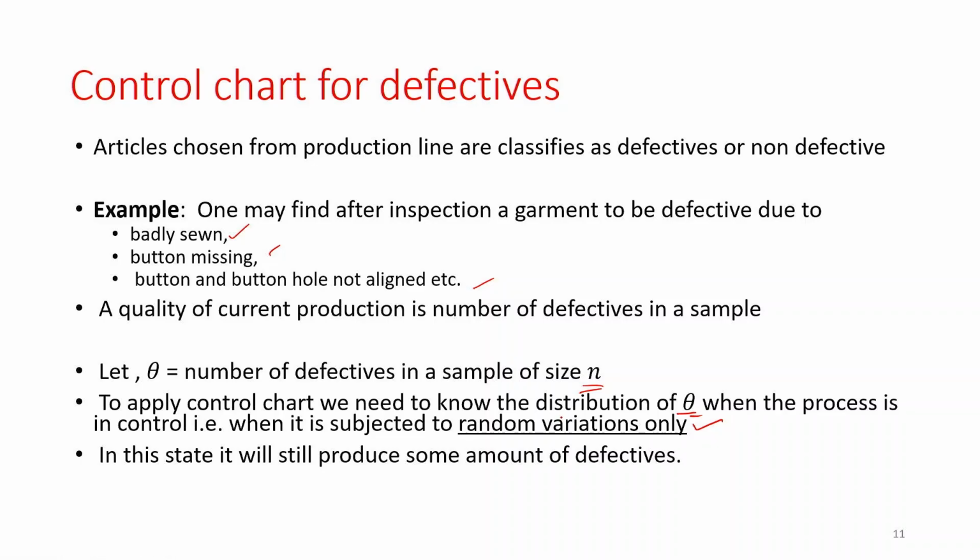So the distribution of theta, that is, the distribution of defective articles, is what we need to know. In this state, it will still produce some amount of defectives. Even though the process is under control, it will still produce some defectives. Whenever we put the control limits at 3 sigma, if you look at the normal distribution curve, the curve actually goes beyond 3 sigma.